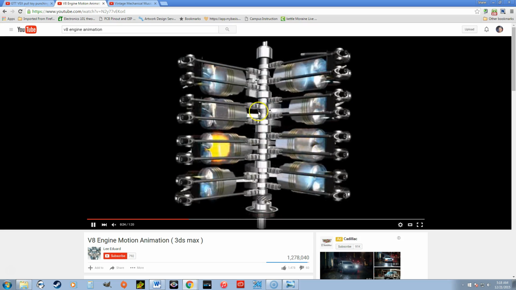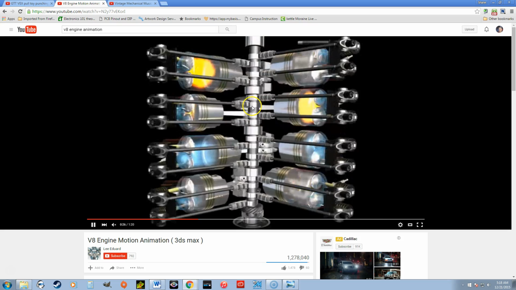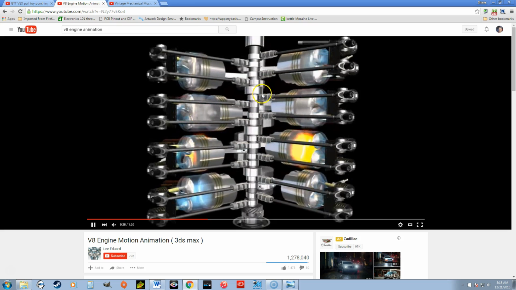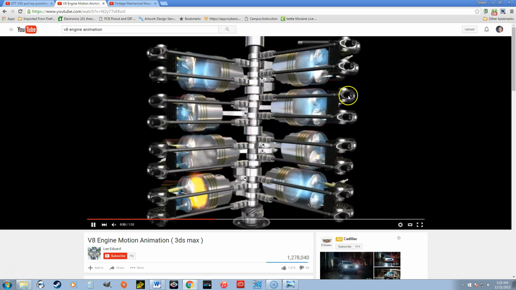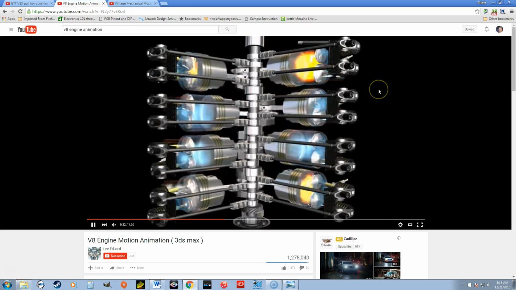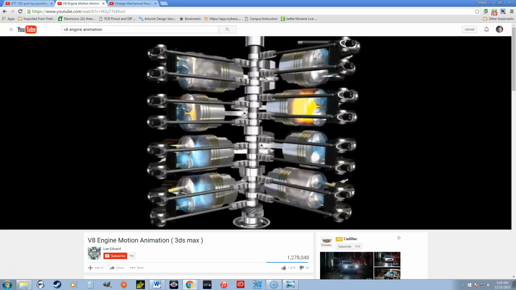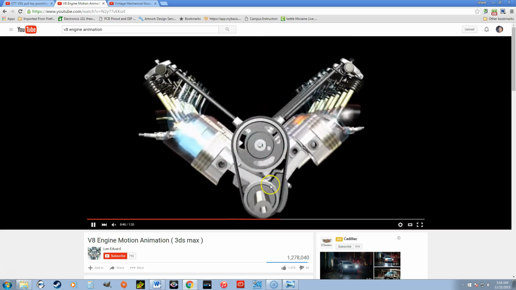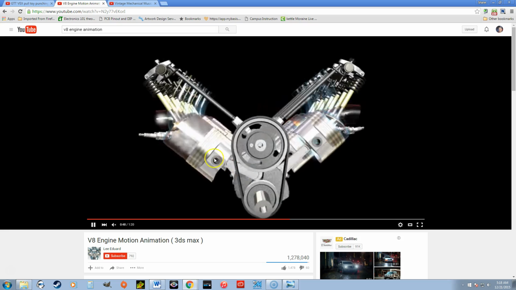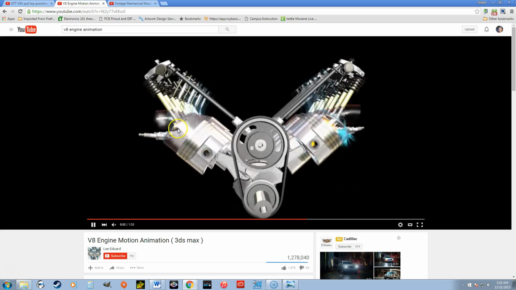The camshaft spins one direction. That pushes the pushrod, which then opens the valve repeatedly. On the front view, we can see the crankshaft spinning one direction, the pistons going up and down.